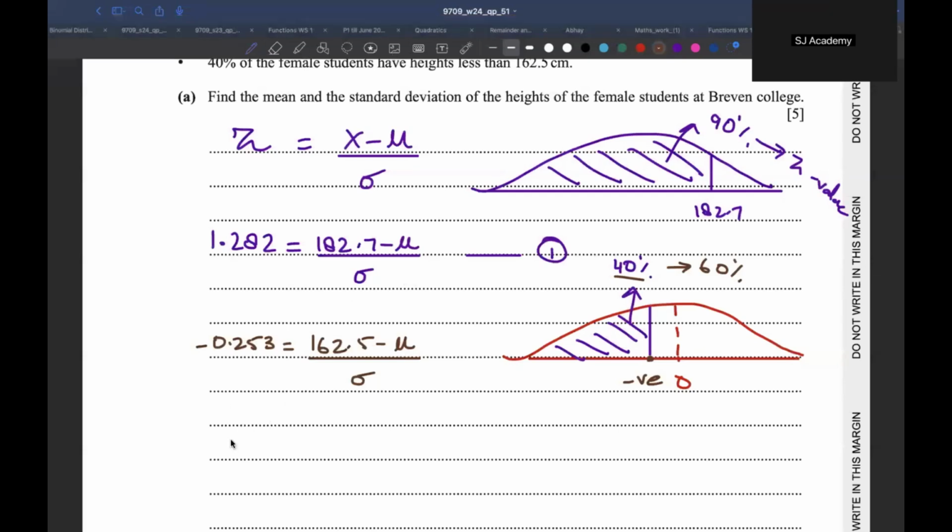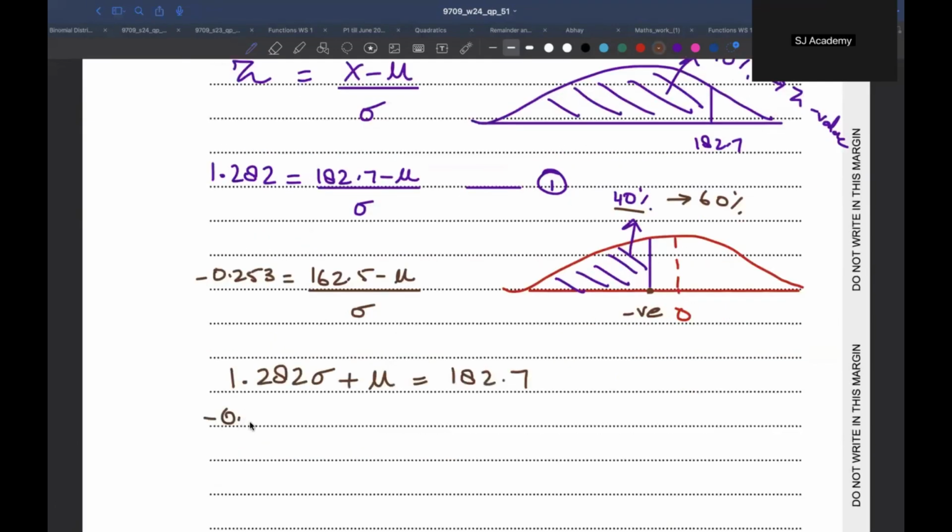You first cross multiply, this will become 1.282 standard deviation plus mu is equal to 182.7. This will be minus 0.253 standard deviation plus mu is equal to 162.5.